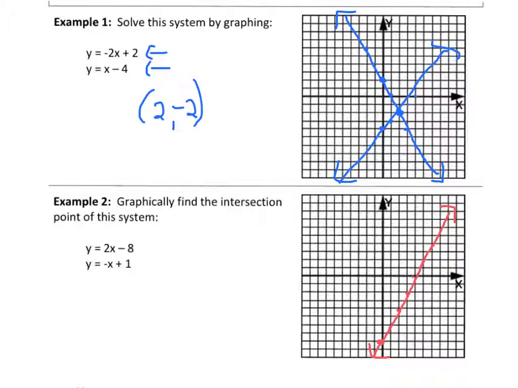So now that line is graphed. Now I'm going to graph the next line, so I'll start at plus 1, my y-intercept, and then I'll go down 1 over 1, down 1 over 1, down 1 over 1, and I've just found my point of intersection right there. And that point just happens to be over 3 down 2, so (3, -2). All right, let's do another one.